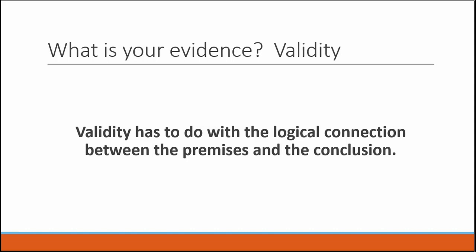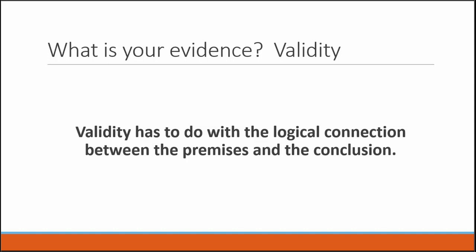Are the premises connected to the conclusion in such a way that the conclusion follows logically from them? If the premises were true, the conclusion would have to be true.